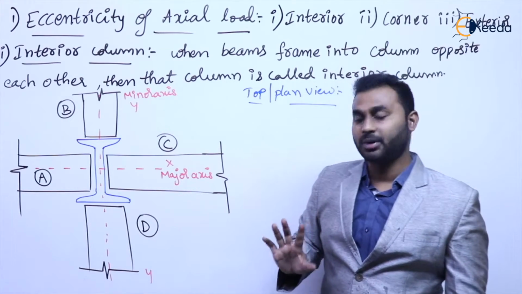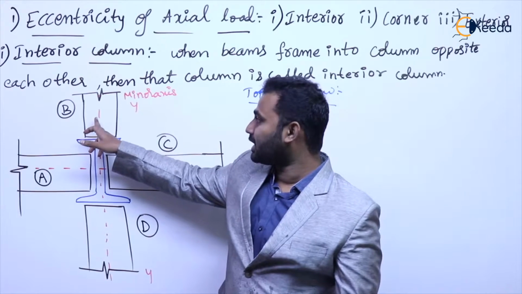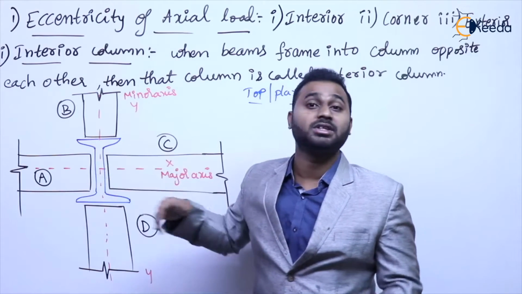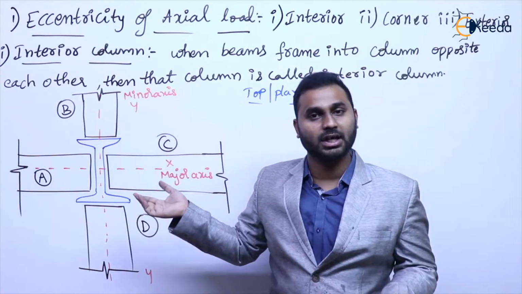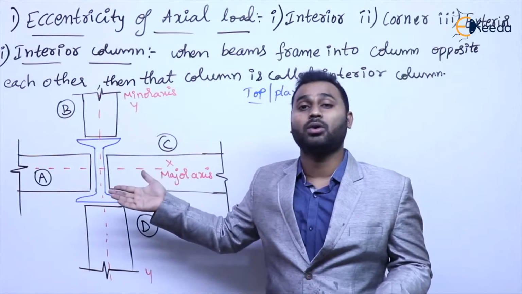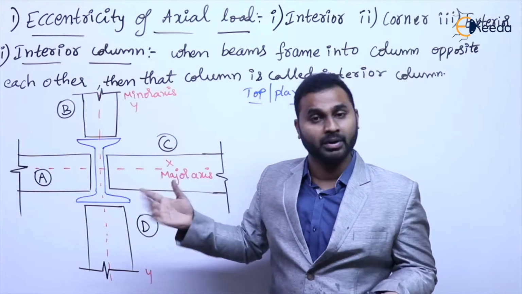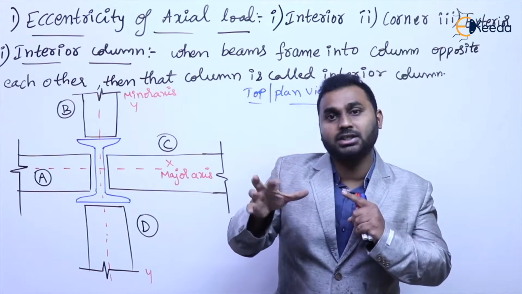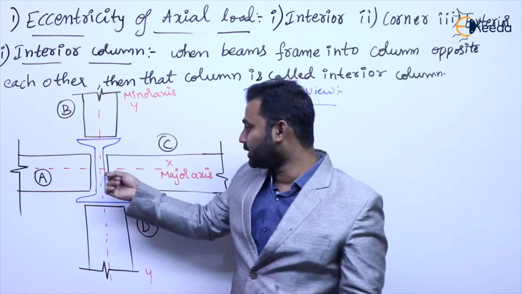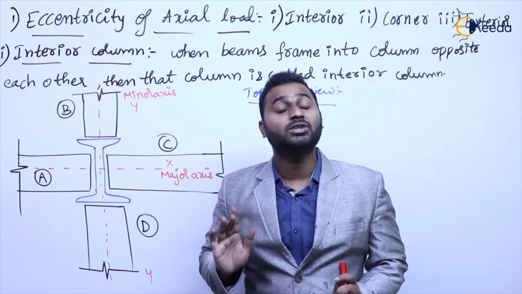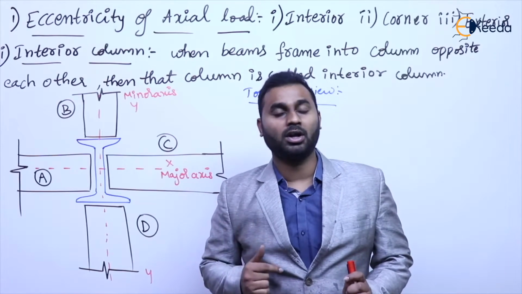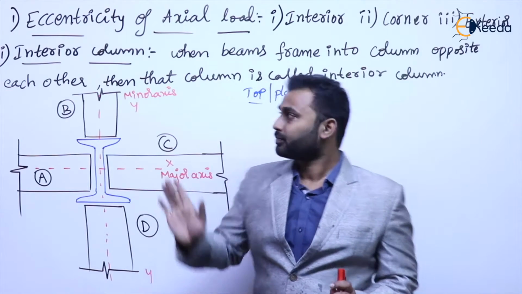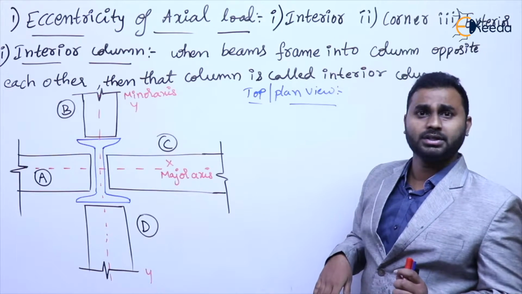Usually, once I repeat, the reactions transferred by these opposite beams onto this interior column are the same. But if they are not the same, then the difference of the values of those reactions will produce some moment onto this interior column. In this way, there exists moment onto the column along with axial load. Clear? This is about the interior column.